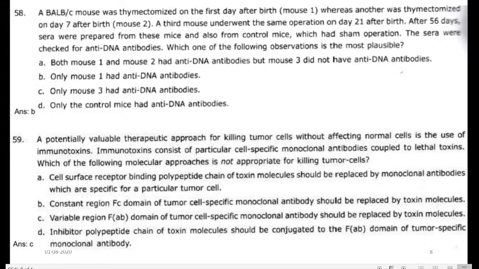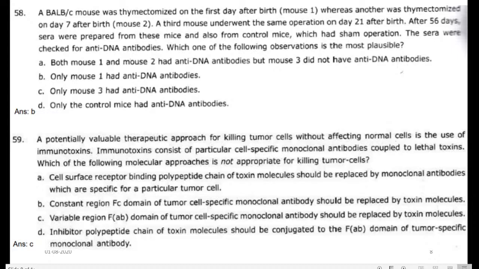In this concept, they give big statements. You should read the statement and then understand the concept. One is a control, and the other three are treated.